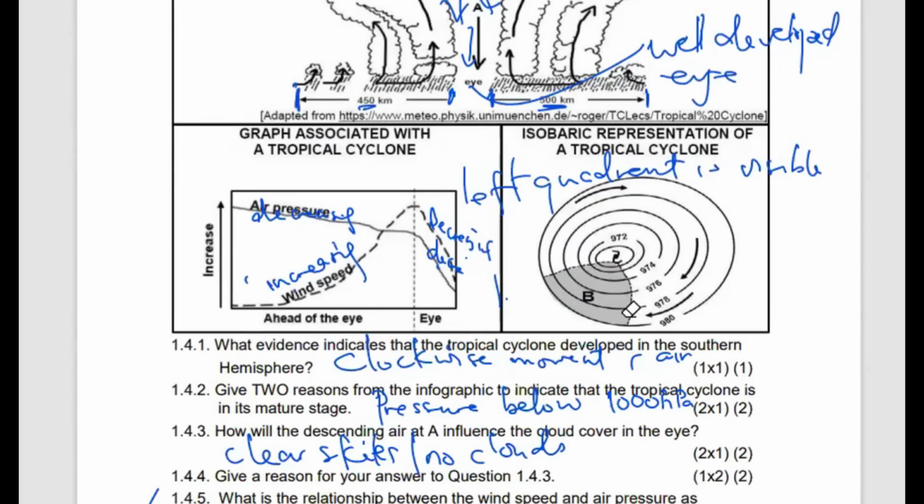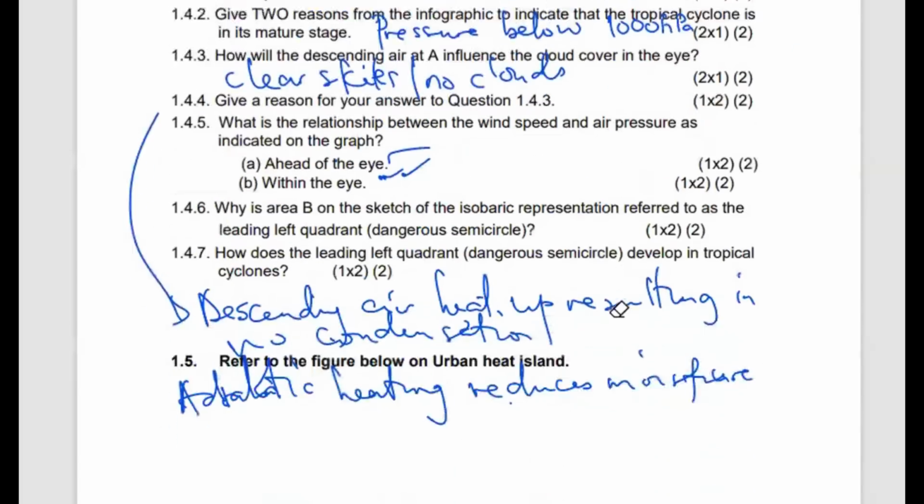And that is where we experience the worst destruction of the weather system. The air is very strong in that area, which we call the dangerous quadrant of the weather system or the active quadrant. Why is it that we have that semicircle on the left being the most dangerous, with the highest wind speeds and the most destructive effects of the weather system? Why does it appear on that dangerous quadrant? That's the question.